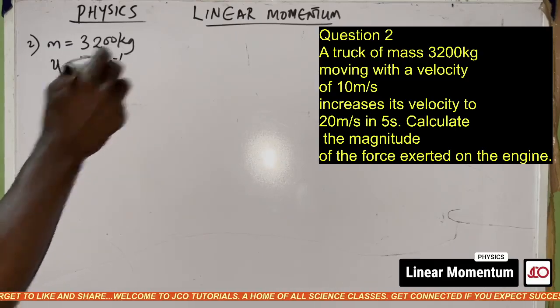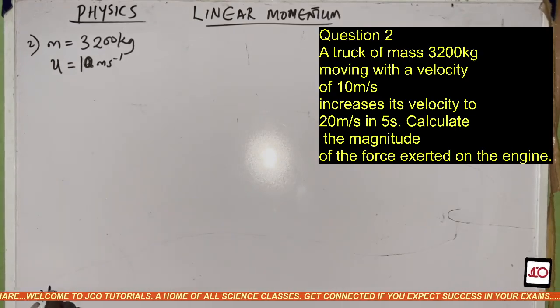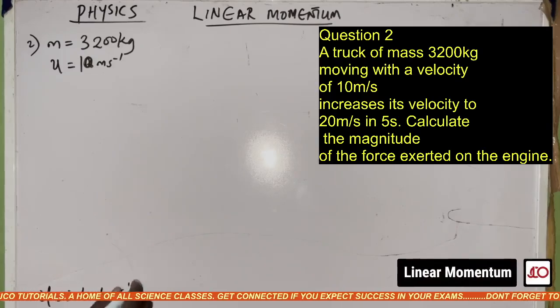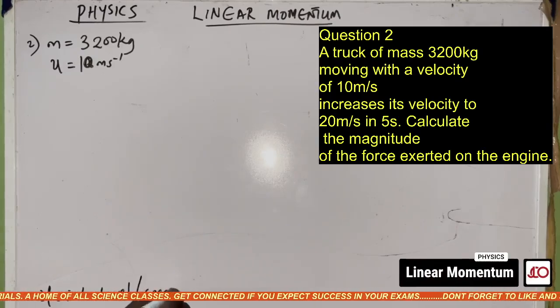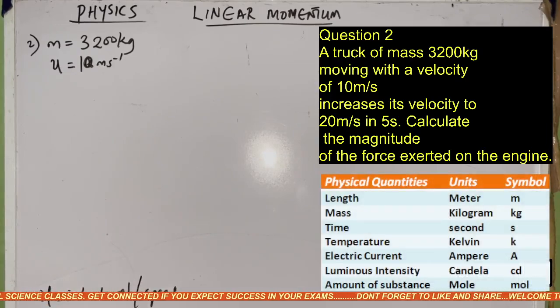Those parameters as given: u represents initial velocity or speed, and v represents final velocity or speed. Your F is your force, your M is your mass.